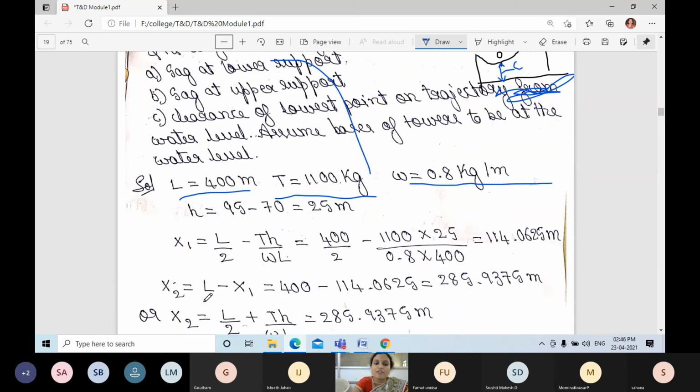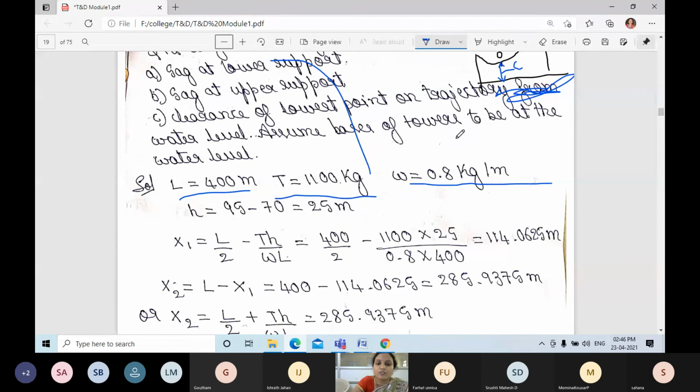So what is the formula for x1? X1 is equal to L by 2 minus TH divided by omega L. In the last derivation, we have solved that. So L value is 400, T value is 1100, H value is 25, omega is 0.8 and L value is 400.